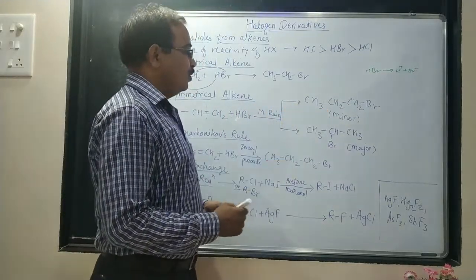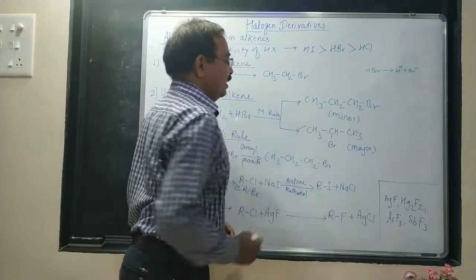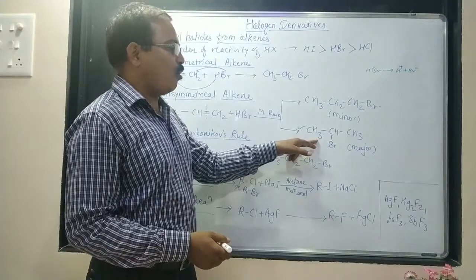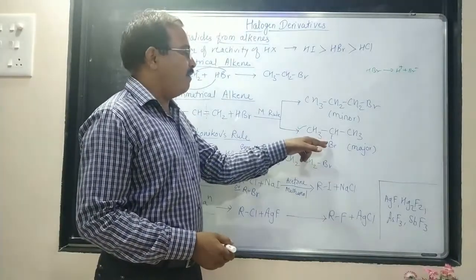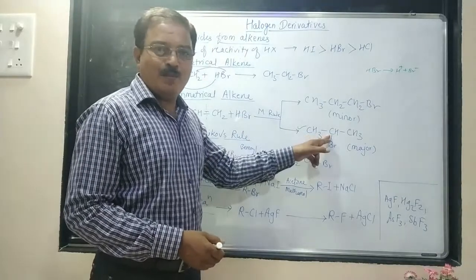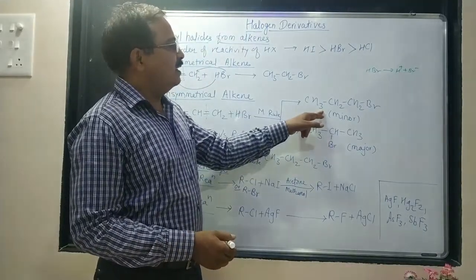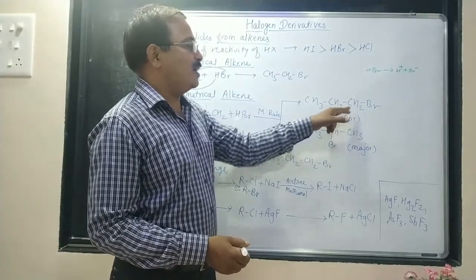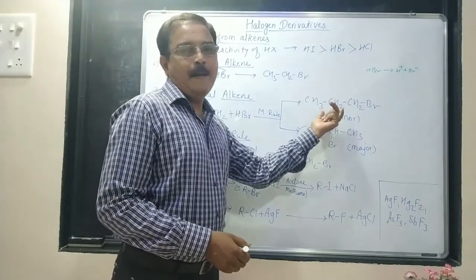According to the rule, this must be the only product, but here a mixture is obtained. The major product is according to Markovnikov's rule, where the negative part is attached to the carbon atom containing less number of hydrogen atoms. In the other, the negative part is attached to the carbon atom containing more hydrogen atoms, but this product is a very minor one.